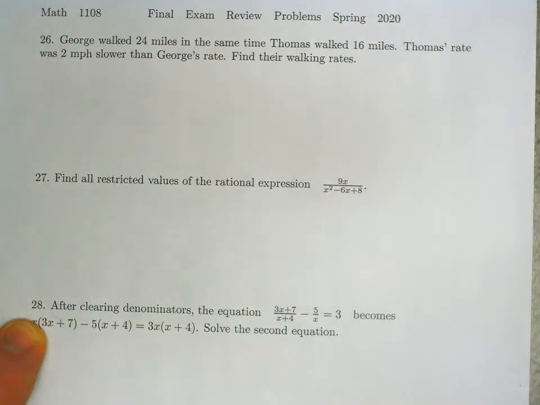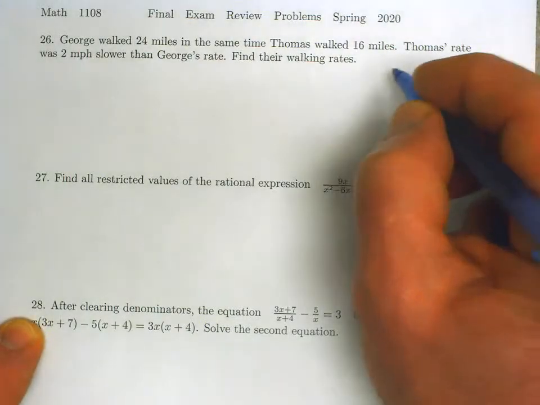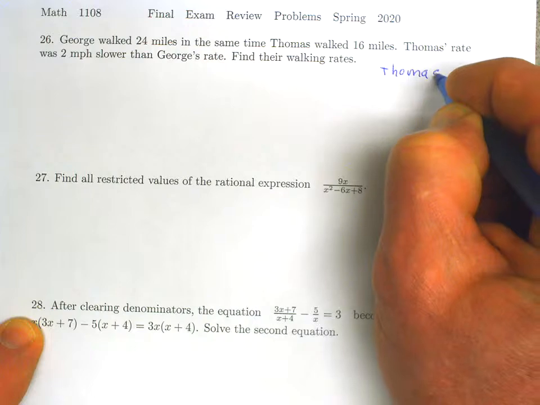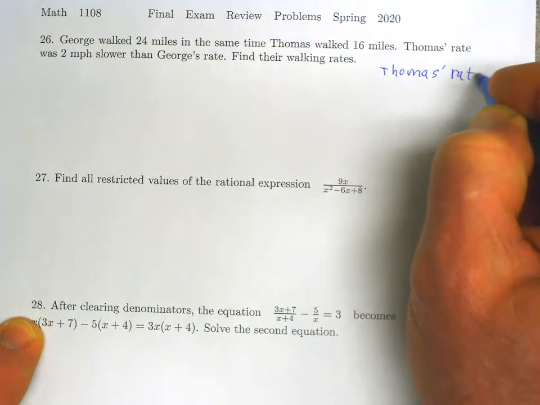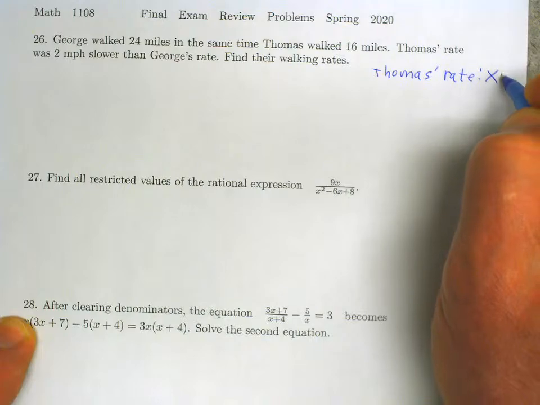So we have a couple of options. We can say, this is just one way to do it, Thomas's rate, we can represent that by x miles per hour.